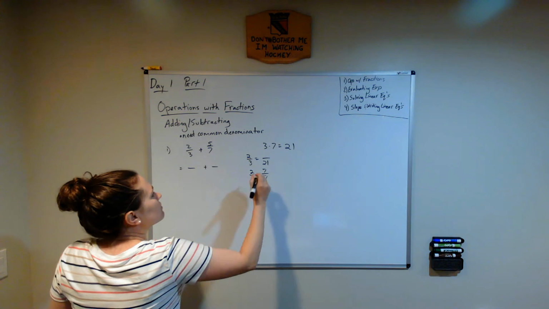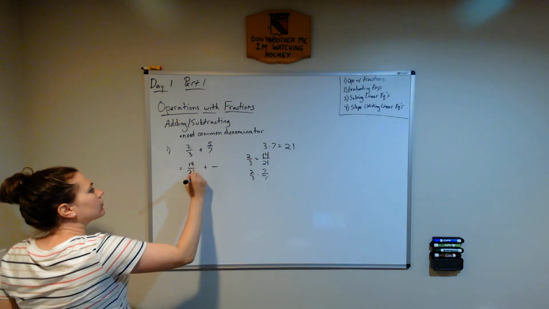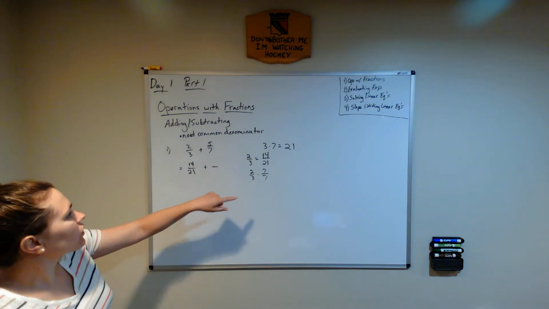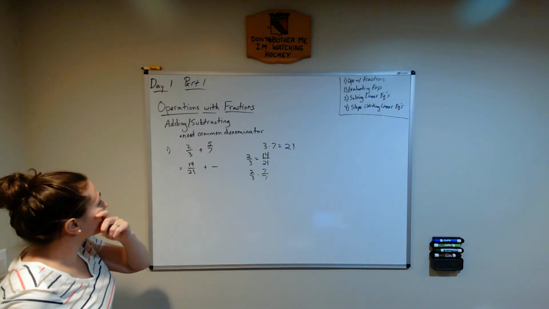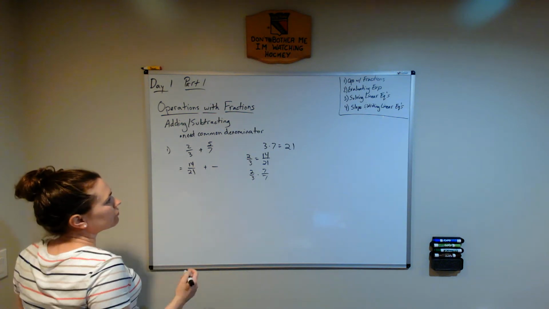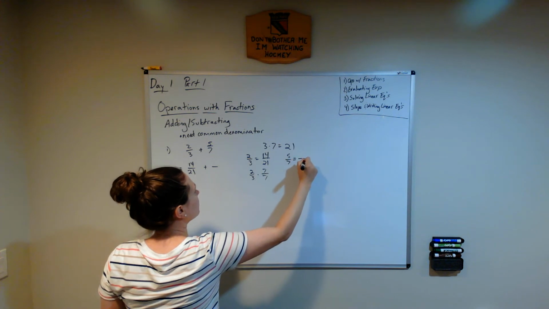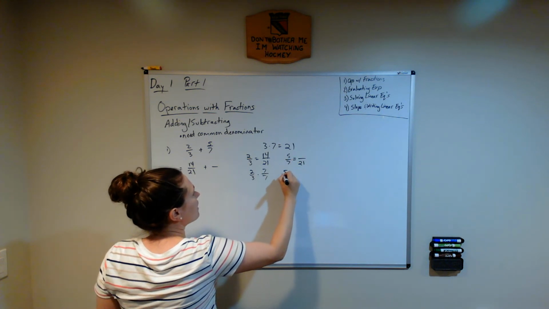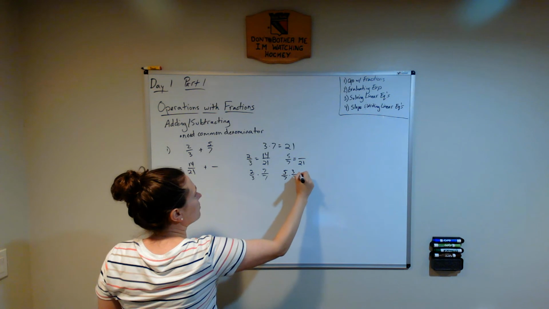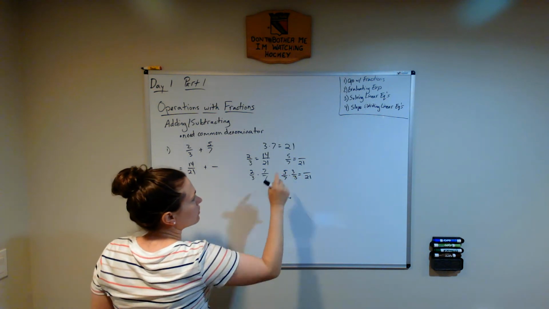So 2 times 7, 14. Okay, so notice, when you make a fraction look different, okay, you're not changing its value, you're creating an equivalent fraction. 5/7 needs to become something over 21. You took 5/7 and multiplied it by 3/3 to get a denominator of that 21 there, right? What you do to the denominator you must do to the numerator here.